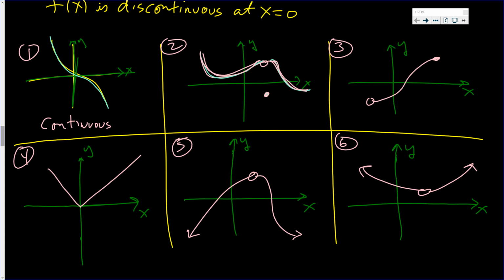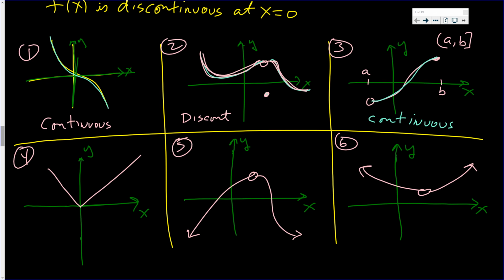Okay? But you have to lift your pen. This is discontinuous. This function is only defined, like if this is A and this is B, only from A to B. It can equal B, but not A. I can graph this without lifting my pen. I just did. It is continuous. Don't worry about the endpoints.